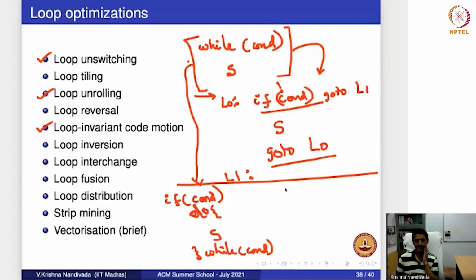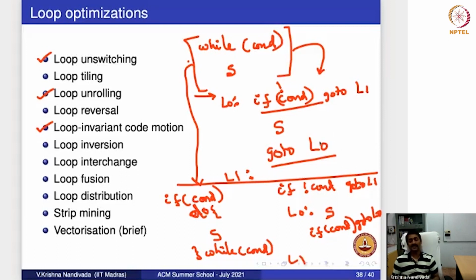Now look at the code that is generated for this. If not condition, go to L1, L0, S. If condition, go to L0, L1. Now in every iteration, how many conditional or unconditional jumps do I have?